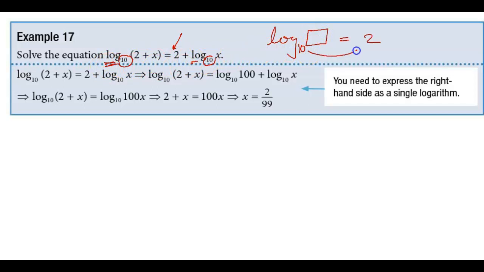Now see children, this goes this side. 10 raised to power 2 is how much? It's 100, right? So, log of 100 to the base 10 equals 2.